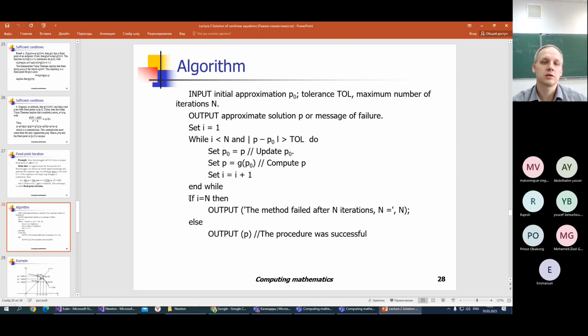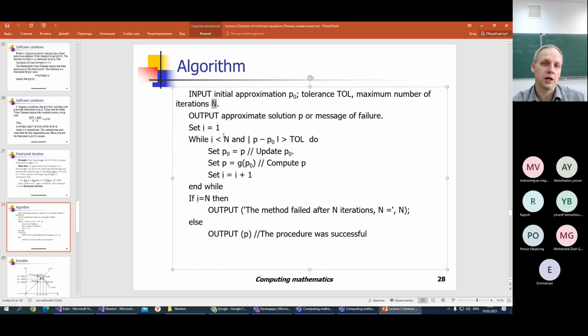On this slide, you can see the pseudocode of the algorithm that implements fixed point iteration. As in the previous case, this algorithm has three input parameters: the initial approximation P0, the tolerance, and the maximum number of iterations.